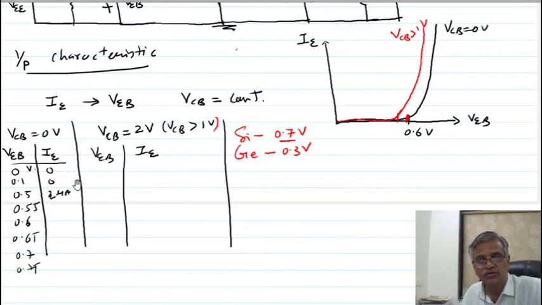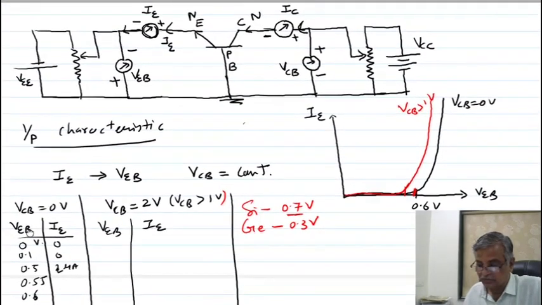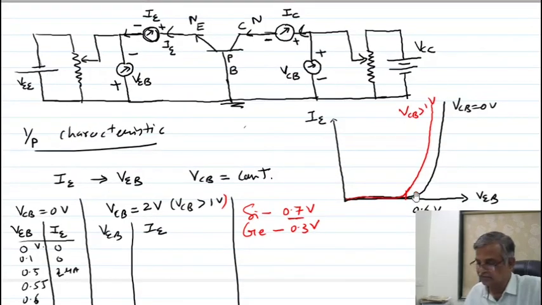I think you understand this. So this is your input characteristics. From input characteristics, this is an important point.